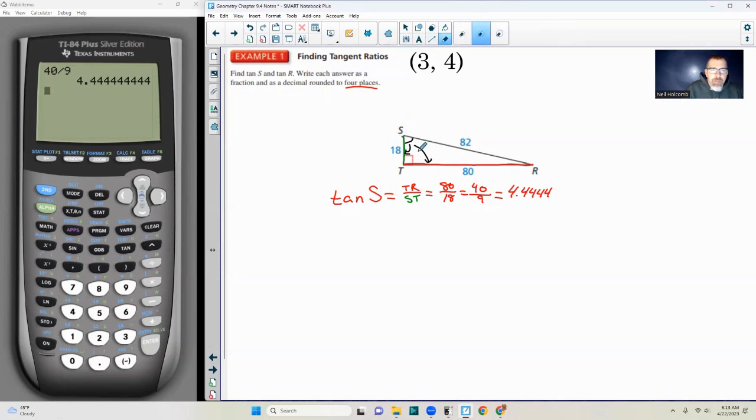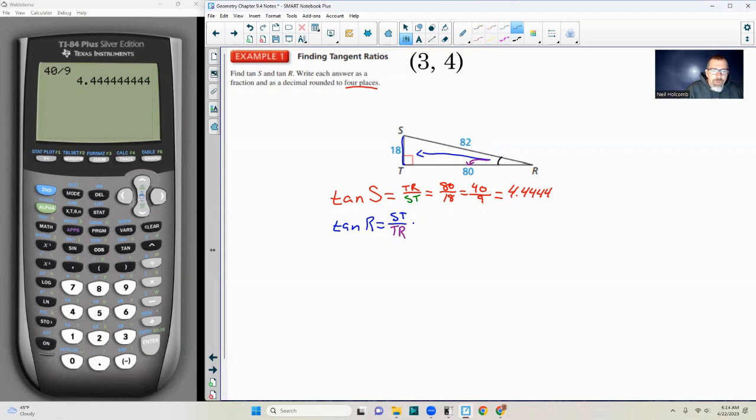Okay, so now let me erase all of this. And now my reference angle is R. So I'm going to say the tangent of R equals, it's the opposite, ST, divided by the adjacent and not the hypotenuse, TR.